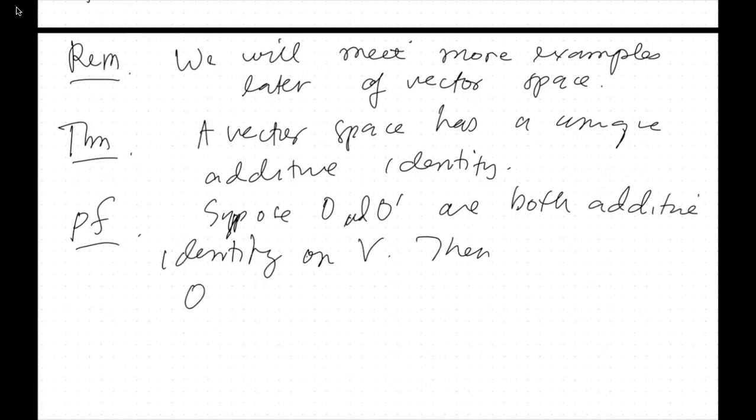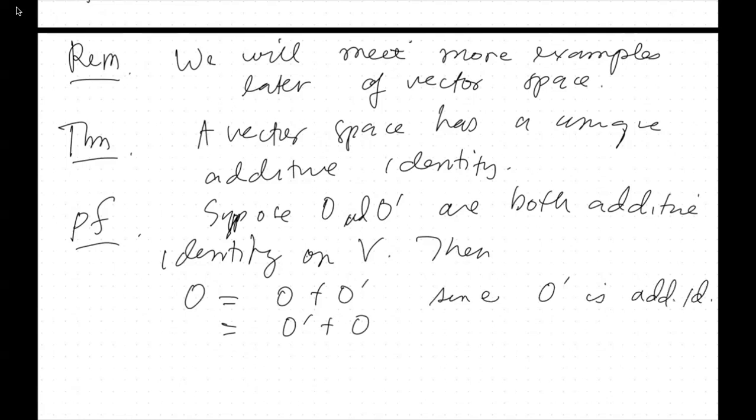Then 0 is just 0 plus 0 bar. This is just 0 bar plus 0, since 0 bar is an additive identity. This is commutativity.